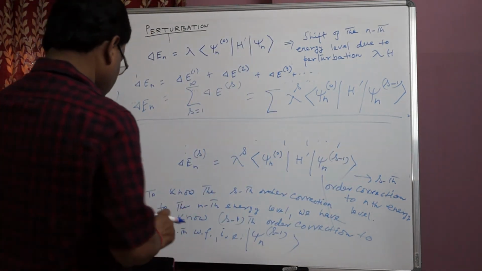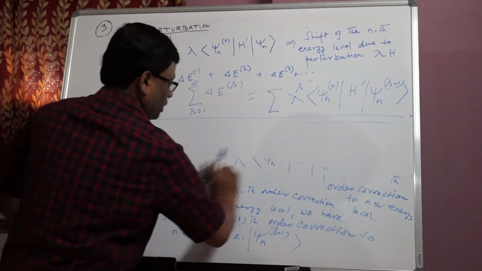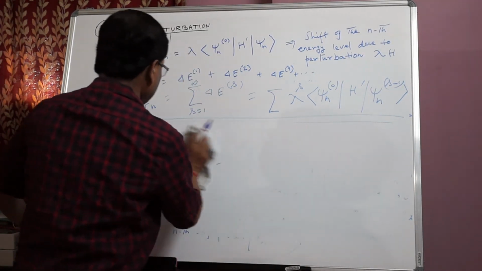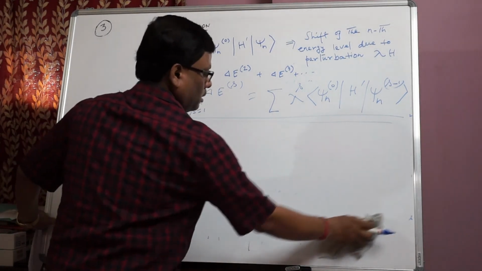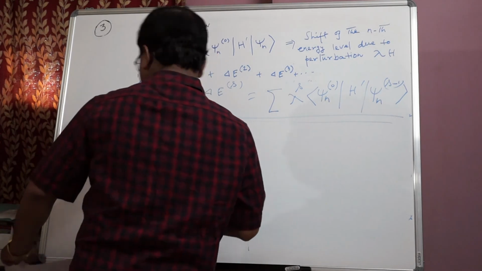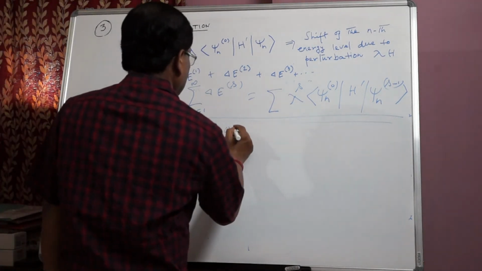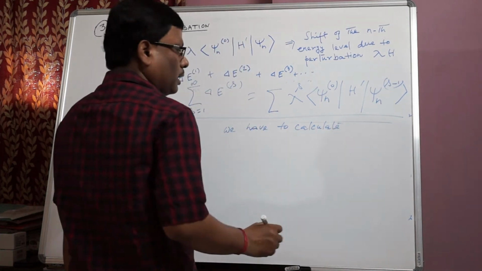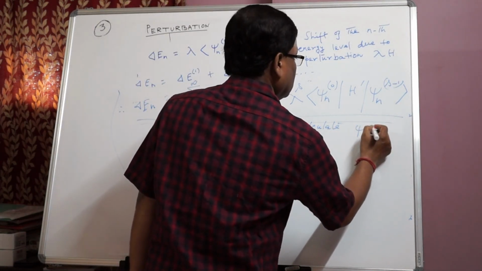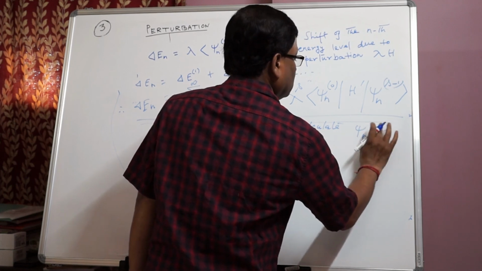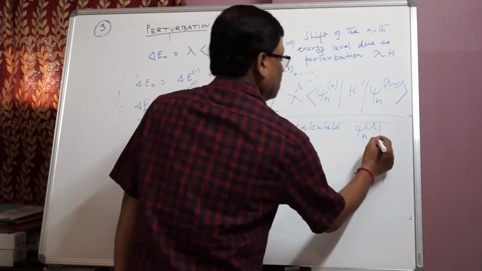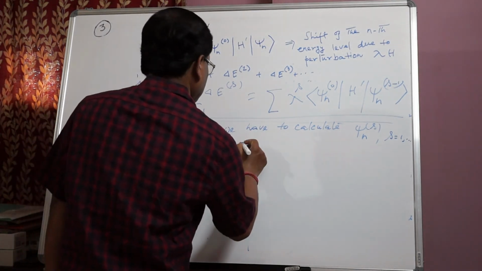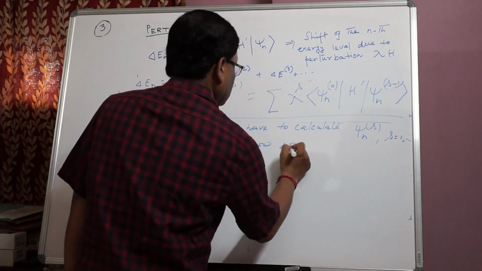So we have to calculate psi n s minus 1, where s equal to 1 to infinity, to know del psi n.